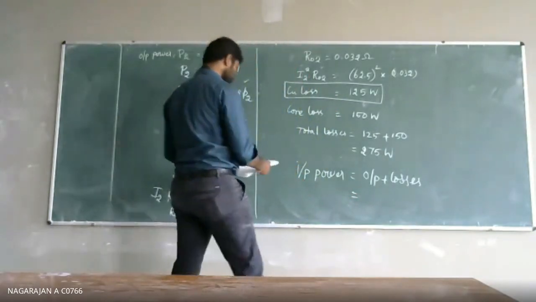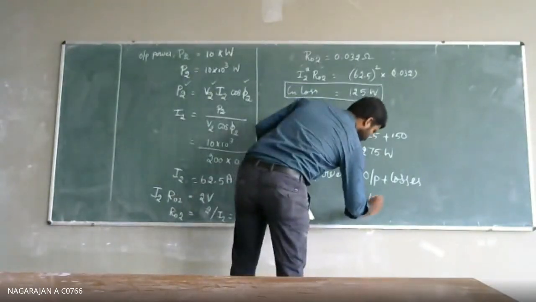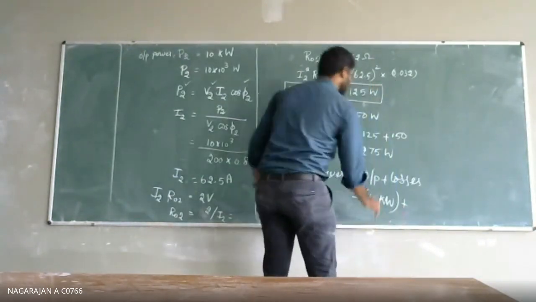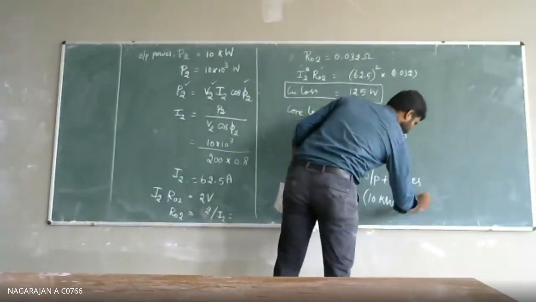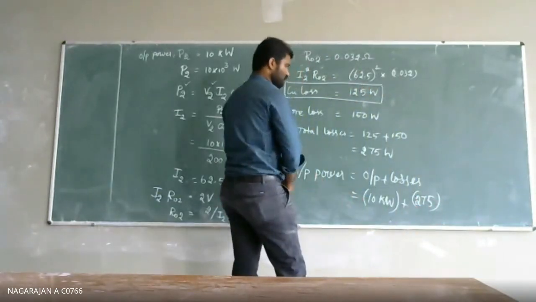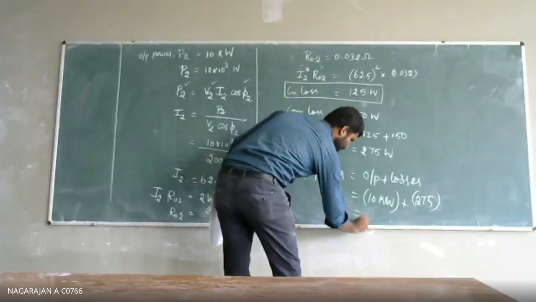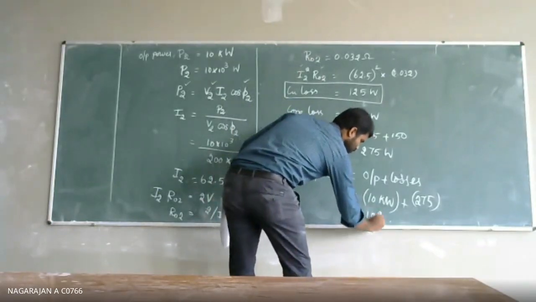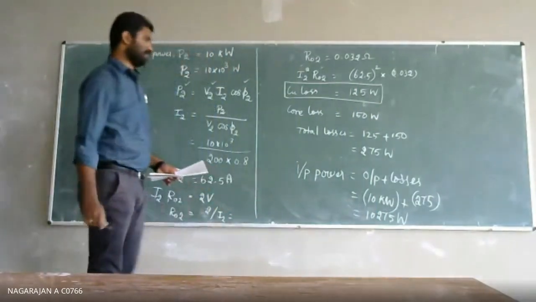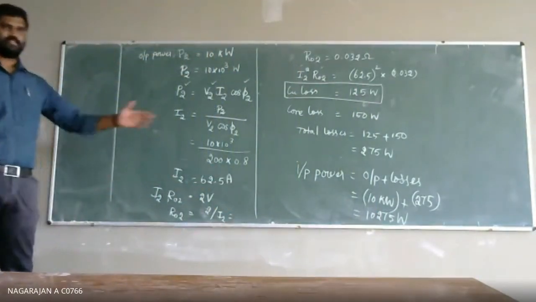This is given as 10 kilowatt, and total losses is 275. So the total input power is 10,275 watts. Isn't it right up to that?